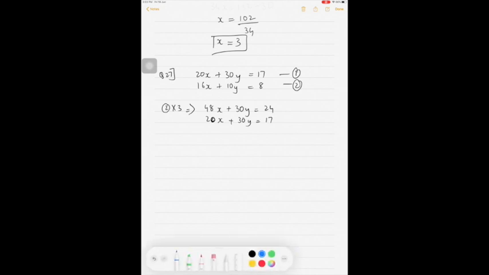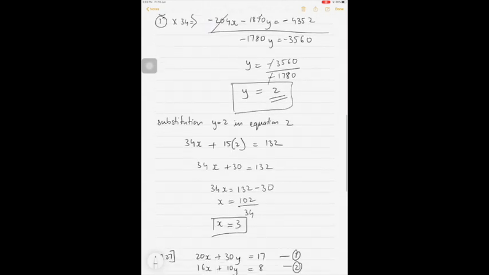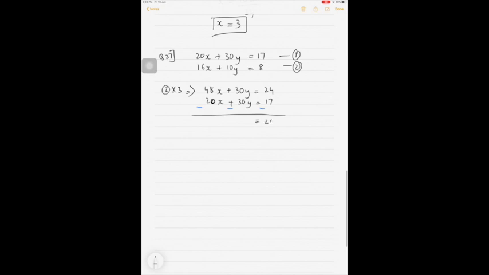What I'll do is I'll subtract it. When I subtract it, the sign changes, correct? So this will become minus, this will become minus. So 24 minus 17, 18, 19, 20, 21, 22, 23, 24. 28x and this I can cancel.